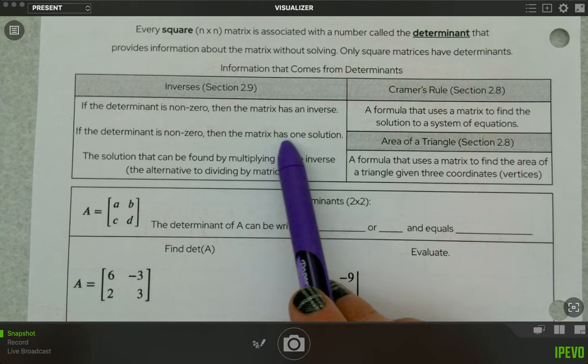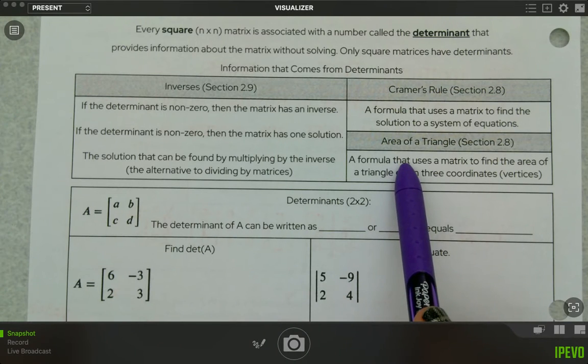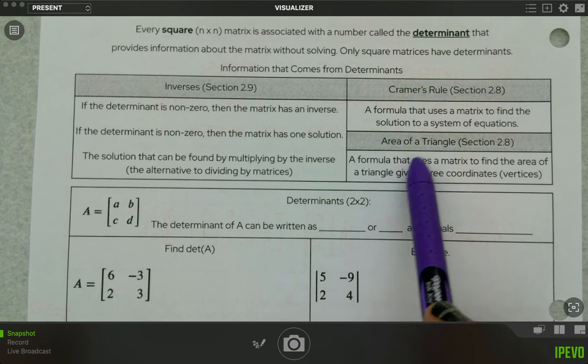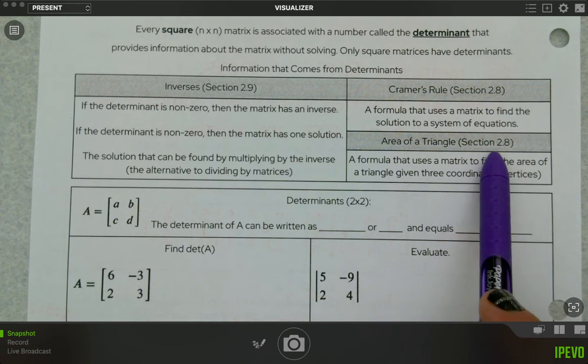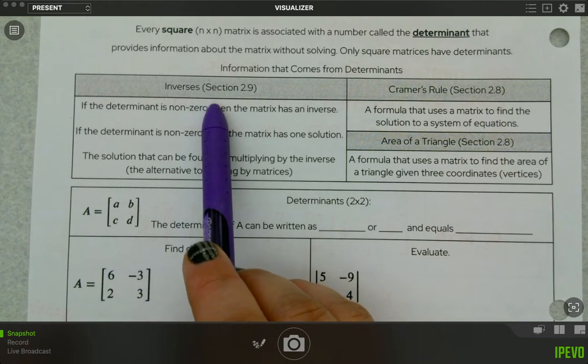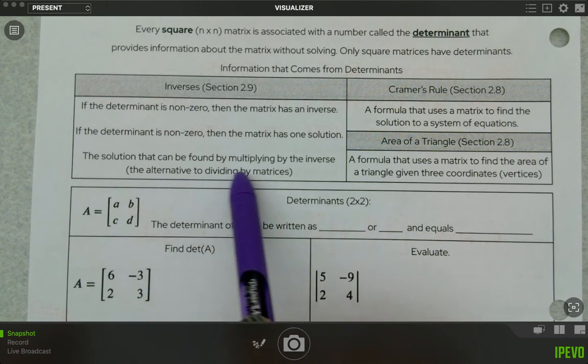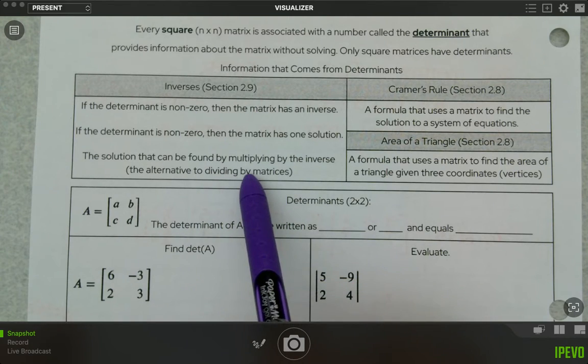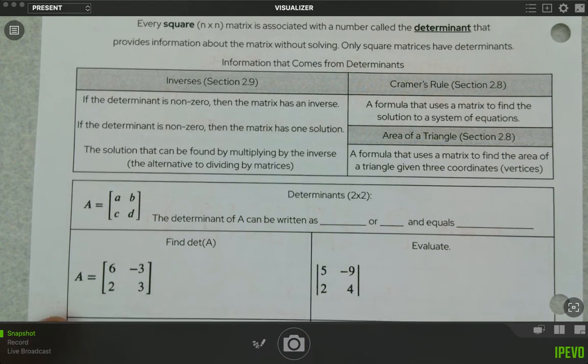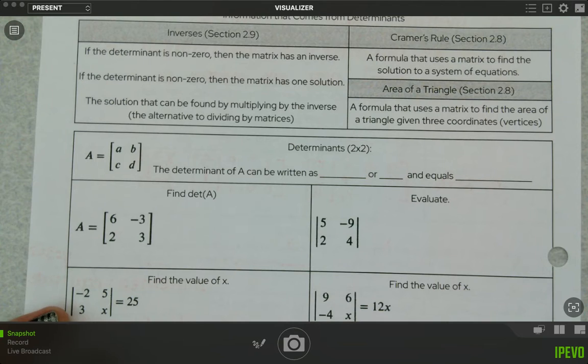So these are the 3 most important applications of determinants. We're going to talk about these two in 2.8 and inverses in 2.9, but inverses are probably the most widely used case of determinants. All right, so what does a determinant look like and how do you find it?